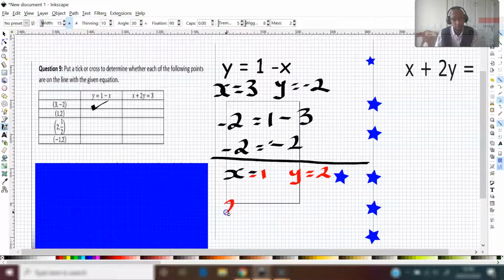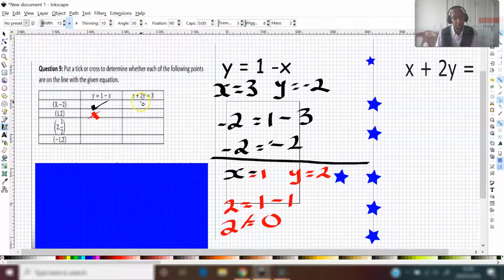So y is 2, x is 1, so 1 minus my x value, which is 1. We know that 1 take away 1 is 0. So this side of the equation is not the same: 2 is not the same as 0, so it doesn't equal. In this case we can put a cross over the point, because that's what we're being asked to do.